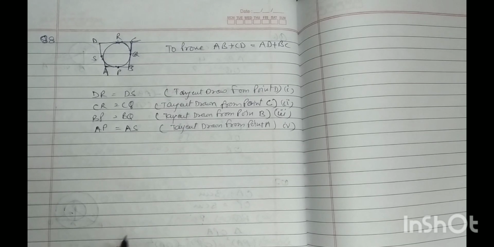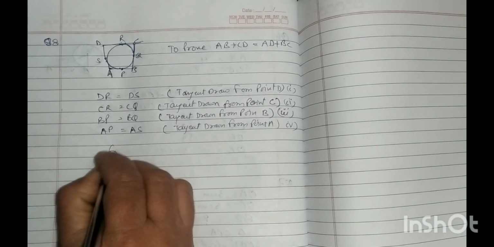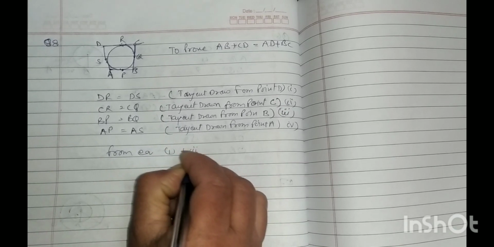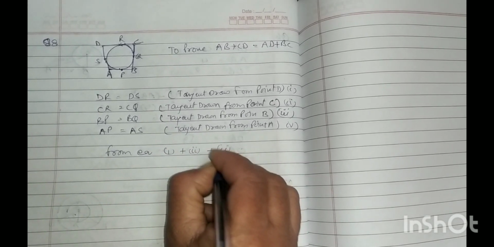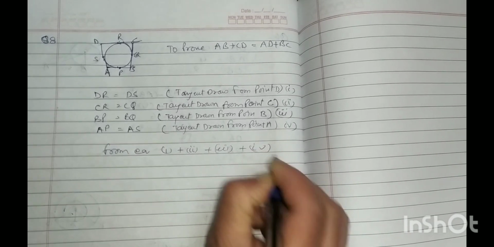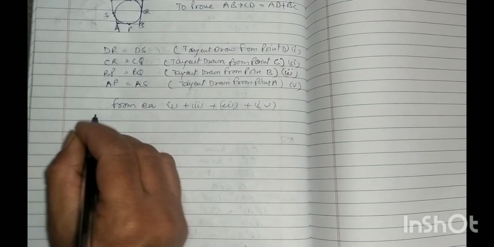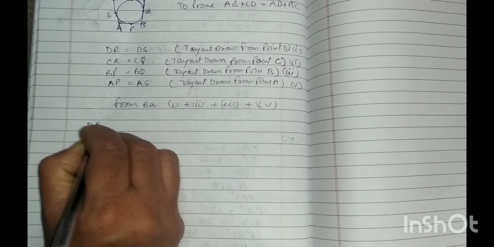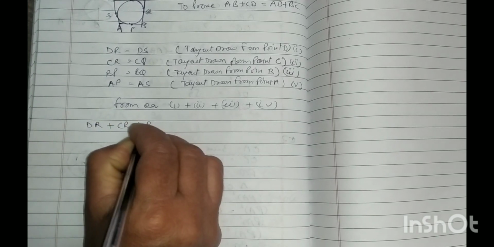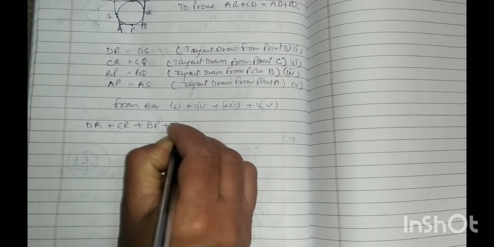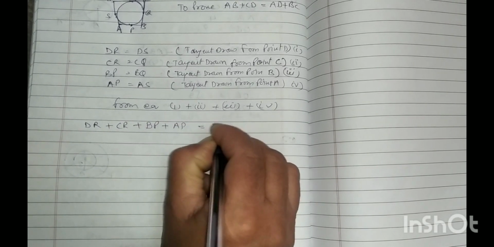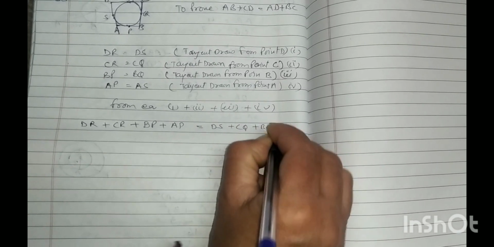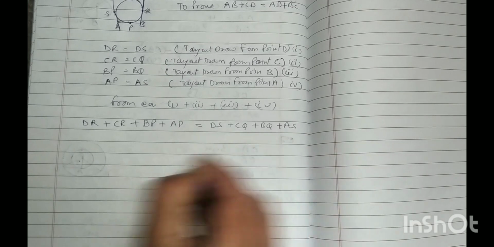From equation 1 plus 2 plus 3 plus 4: DR plus CR plus BP plus AP equals DS plus CQ plus BQ plus AS.